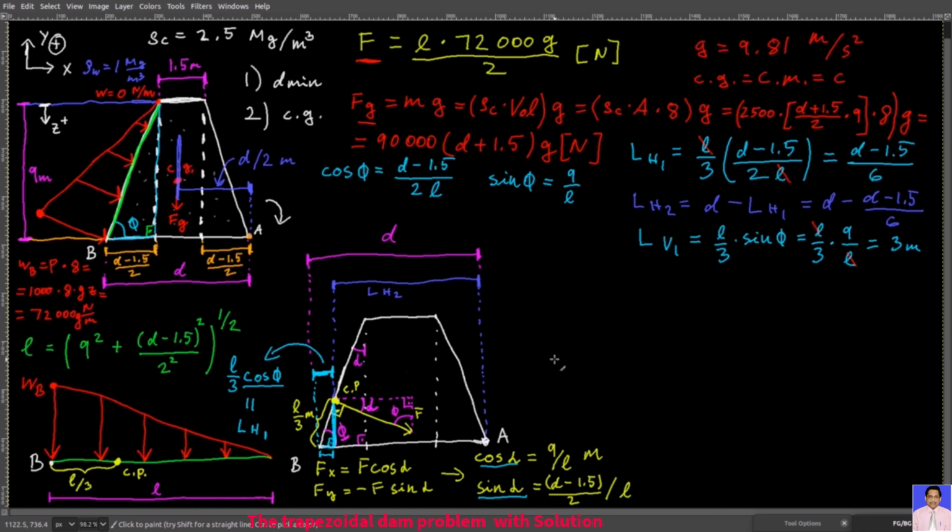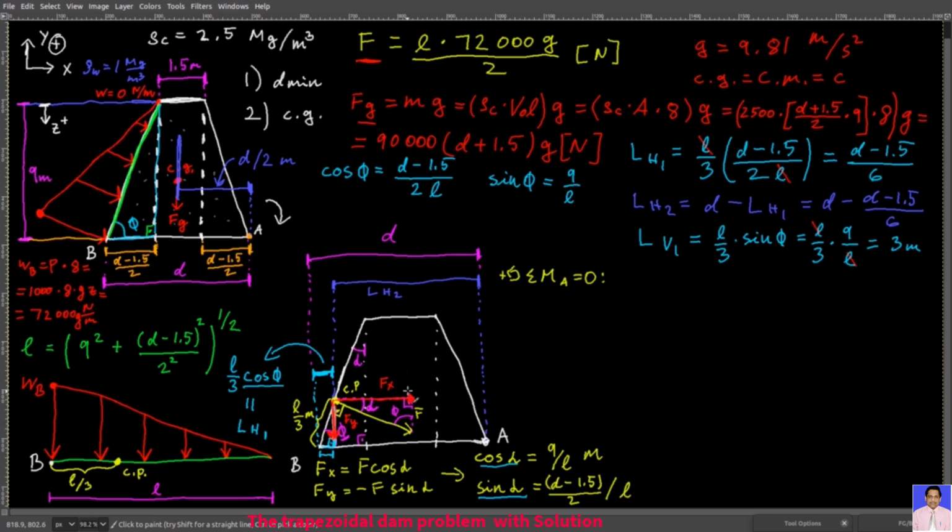And now we can calculate the total moment sum about point A, and we can equate it to 0 newton meters. So I will have the moment sum about point A equals 0. And now remember, this one here, that's your Fx, and this one here, that's your Fy, the downward vertical force.